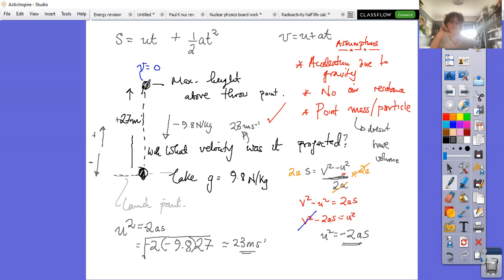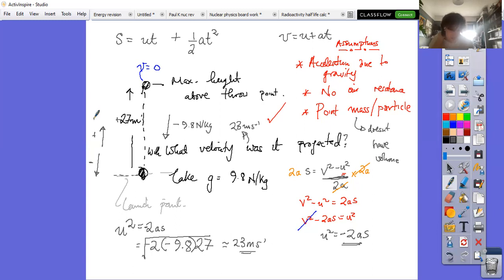When the velocity is 0, what is the value of the acceleration of this ball? The force of gravity is still acting on the ball. Yeah. And when a force is acting on something, then it accelerates.